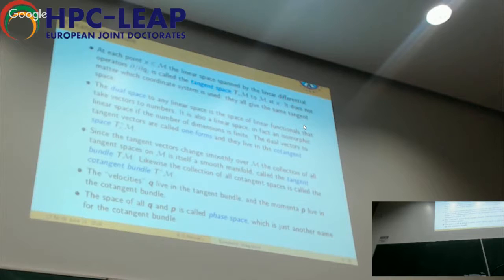I can think of these as forming a vector space, because I can form linear combinations of them, and the linear combinations are still linear differential operators, which just point in some direction. This vector space, spanned by these basis vectors d by dqi, is called the tangent space to the manifold at the point x, written T sub x of M.